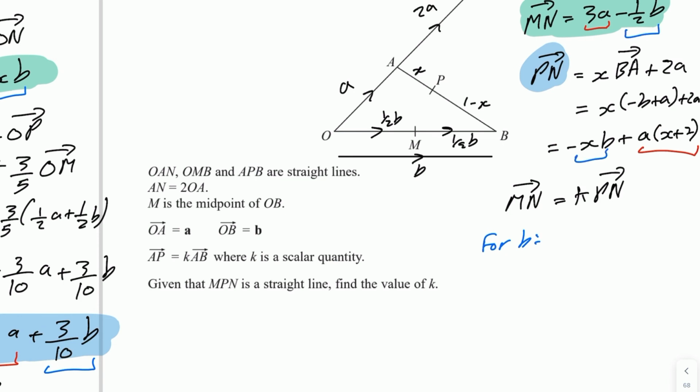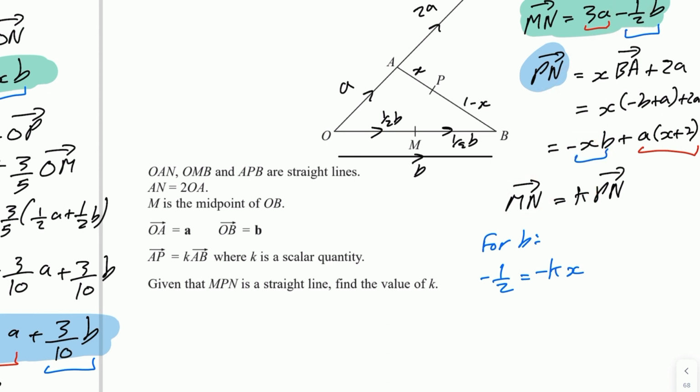It'll be quicker because it's a bit more clean. So we have minus a half for b is equal to minus kx. How did I get that? Well, I know that for MN I needed b, and that's got minus a half. And then for MP, I needed b, so that's minus x.